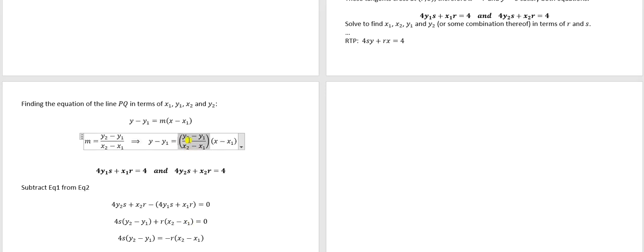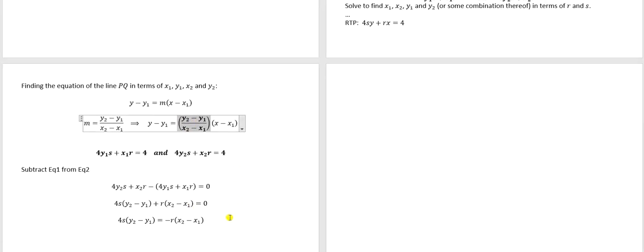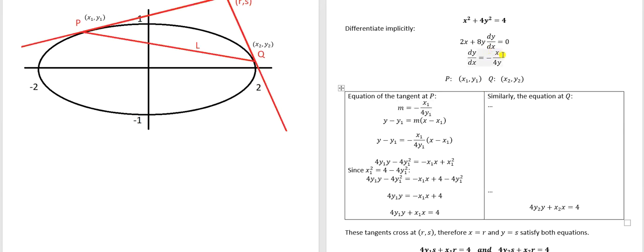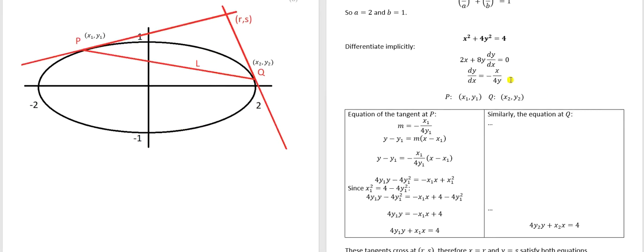And if you remember, we're trying to get rid of this term up in this equation. So let's rewrite it so that we can see on one side y2 minus y1 over x2 minus x1 equals minus r over 4s. You might recognize back from the beginning when we first calculated this, minus x over 4y. It relates to the gradient of the ellipse at a particular x and y coordinate.